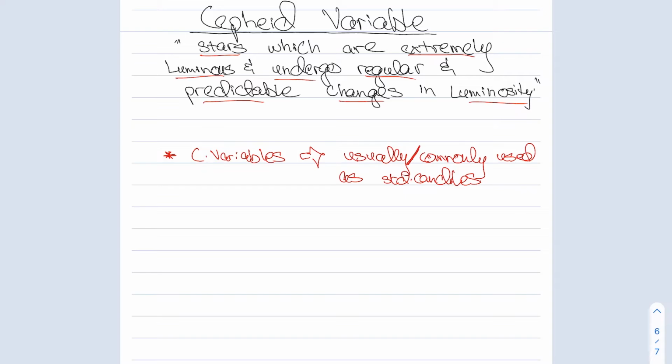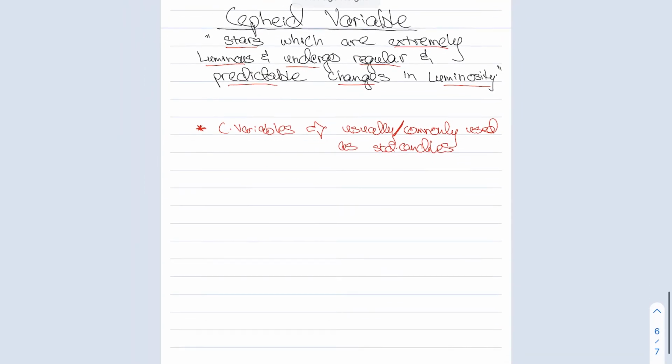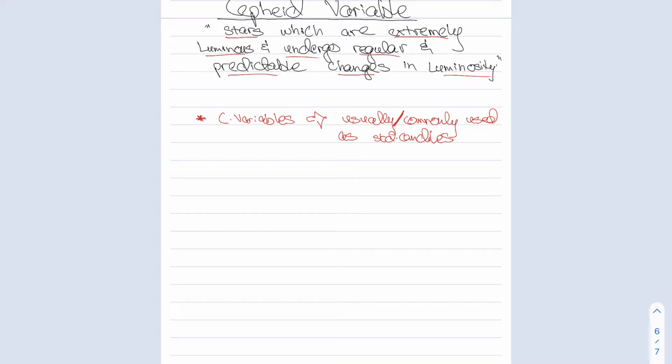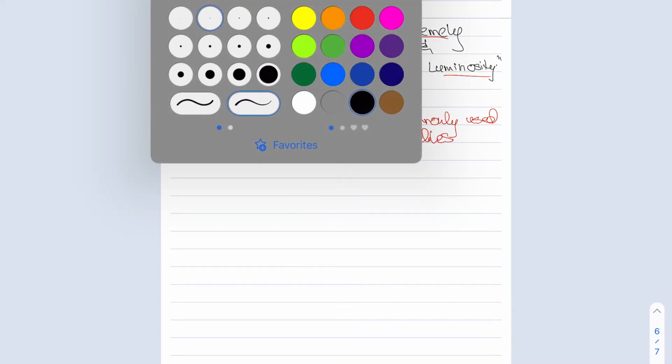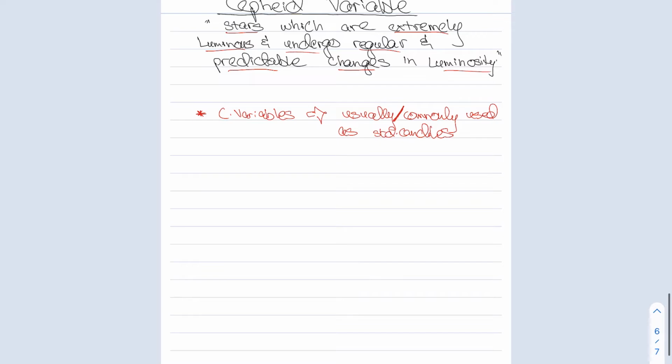And one more thing, I'll show you a graph to demonstrate their changes in luminosity.